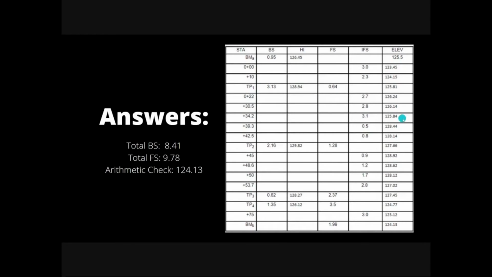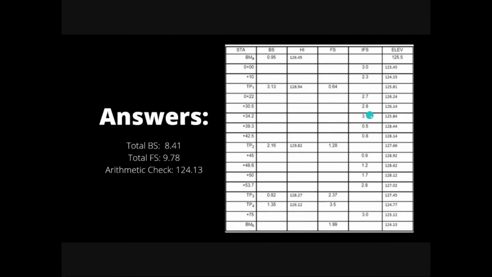Now to get the elevation value of station plus 30.5, same process as we did here. Use this value and subtract this value with the value 2.8 in order to get the elevation value.